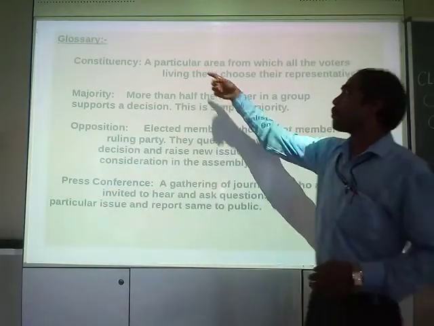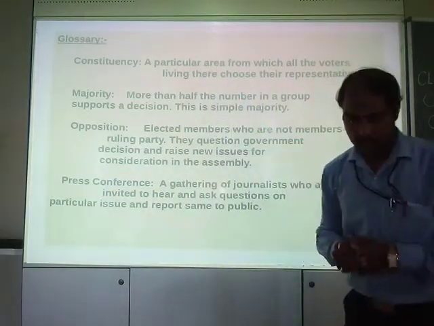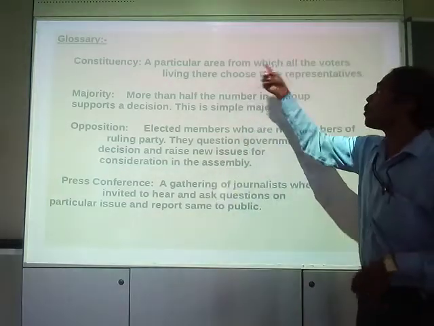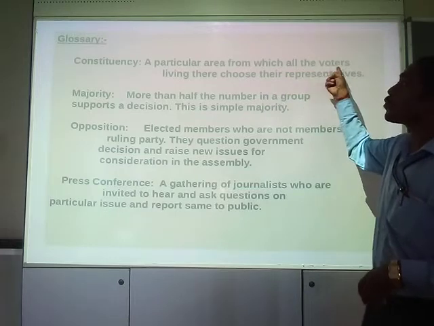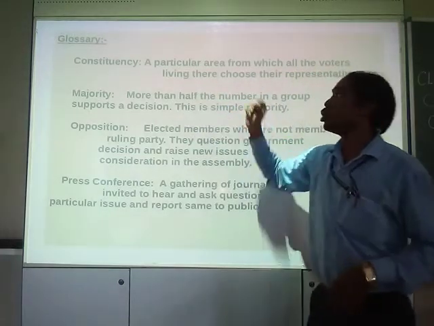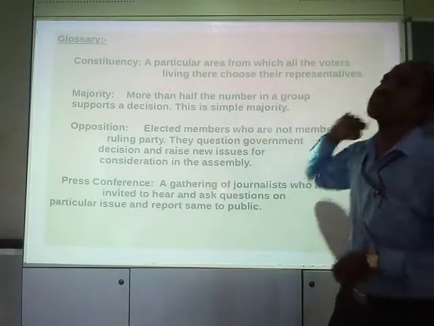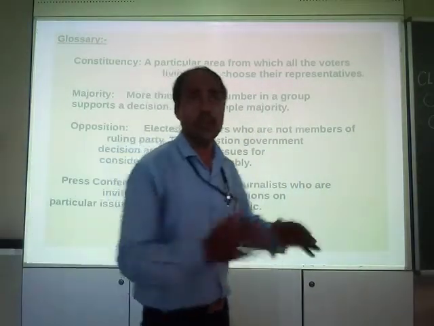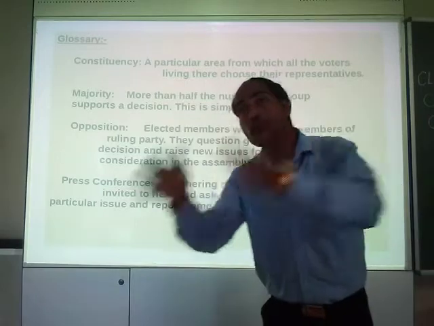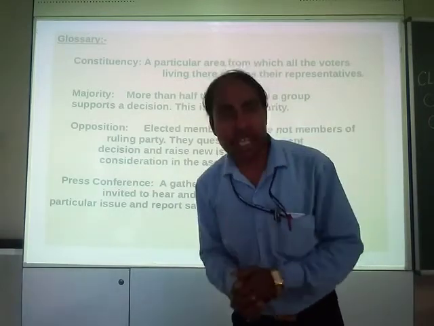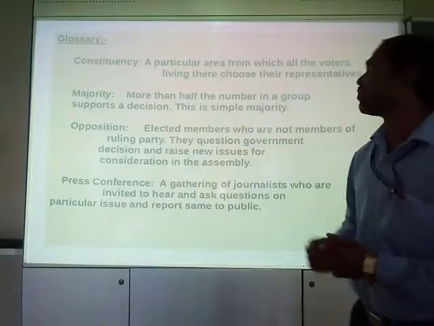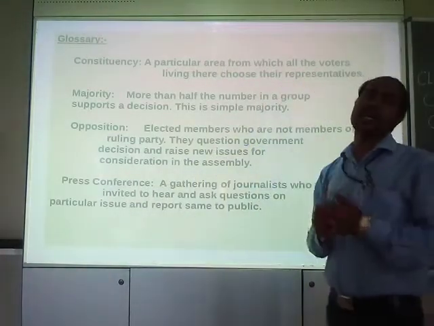Okay, so it can be considered as a particular area from which all the voters living there choose their representative. The area from where all the voters, all the people living over there, choose their representative, choose their leader.